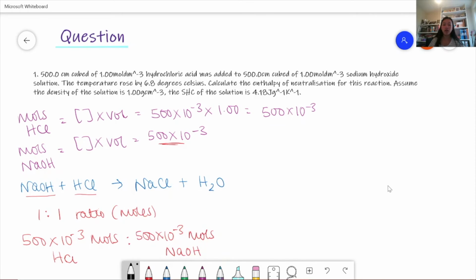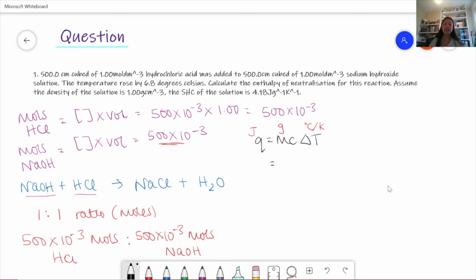So now we use our Q equals mc delta T equation. And then we need to remember the units. So m is in grams, this is already given to us, and delta T is either degrees Celsius or Kelvin, it doesn't matter. And Q will come out in joules. So now we just plug in the values.